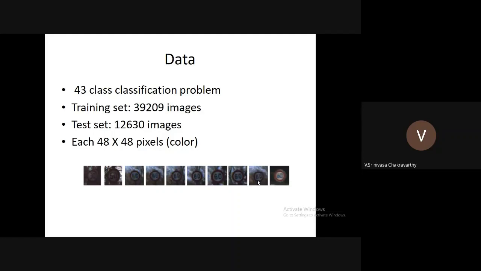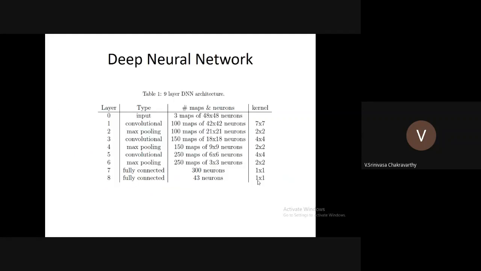The driving system, what's called ADAS, has to keep analyzing the surrounding scenes, get all this information, and constantly change its driving according to this feedback. For example, if it sees a 50 kilometer speed limit sign, then it should slow down if it is going faster than that. Each image is of size 40 by 48 and it's a color image.